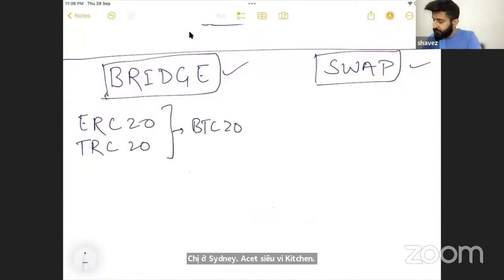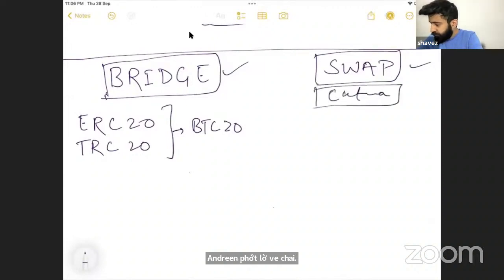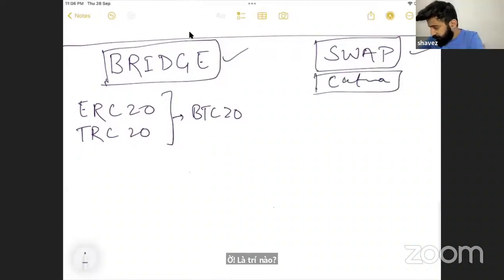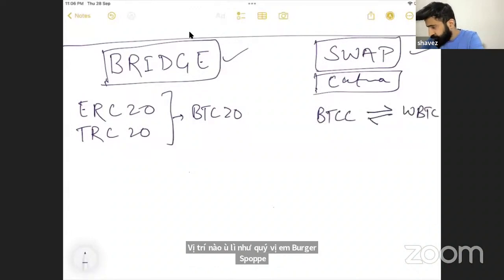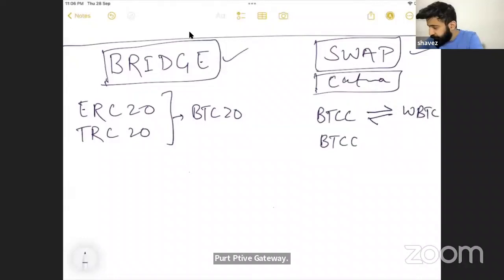And then swap, which is our Katina. With Katina, you will be able to swap your BTCC into wrapped Bitcoin, BTCC back and forth. This is USDT, BTC20.